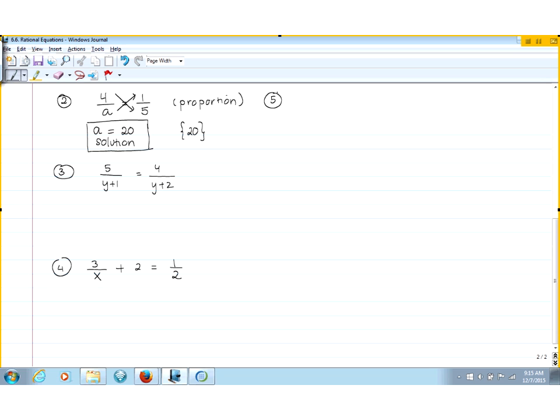Number 5, this is probably a little bit difficult compared to the other ones. x over x minus 5 plus 1 over 5 is equal to 5 over x minus 5.